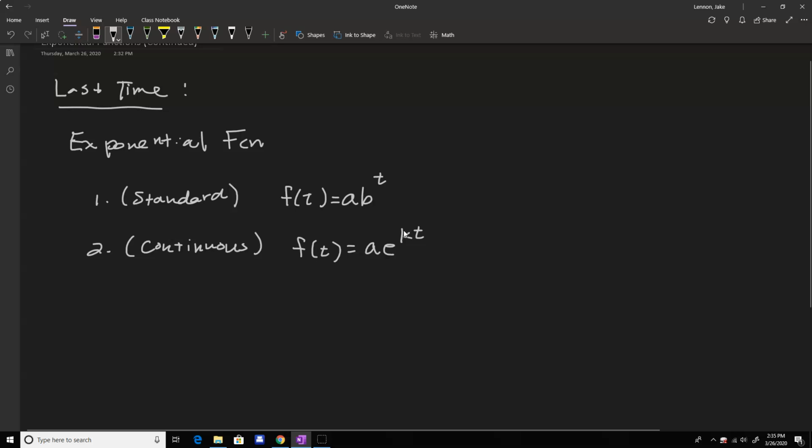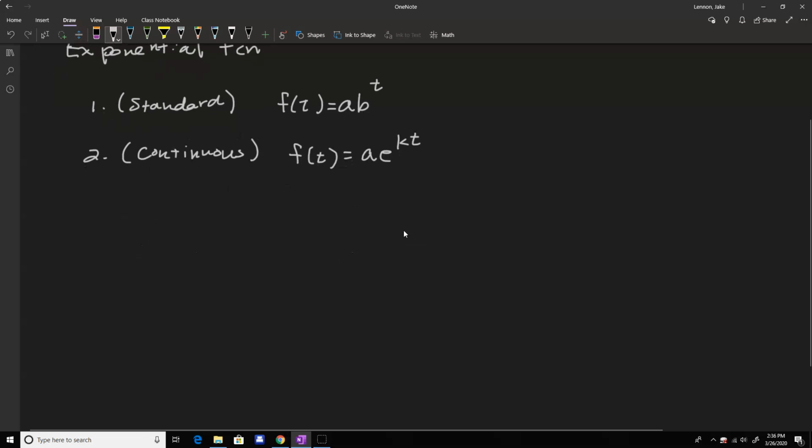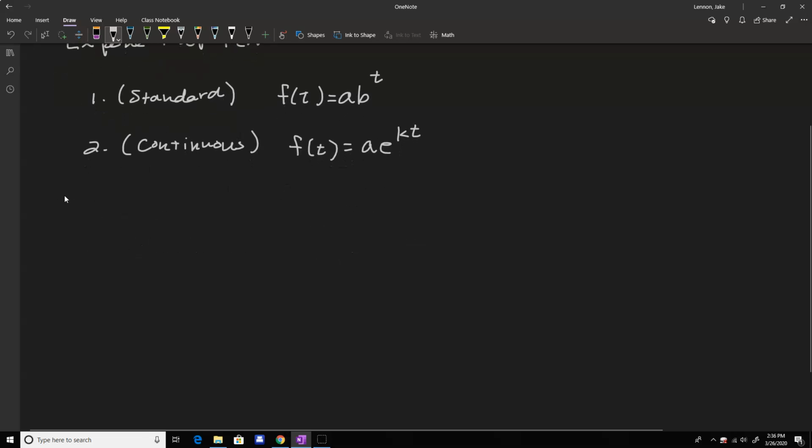So one of the first things we did, which again is on the homework, is identifying the exponential function that passes through 2 points. So let's go ahead and do 2 of those examples. We'll look at a case maybe we didn't look at last time that actually makes things a bit easier.